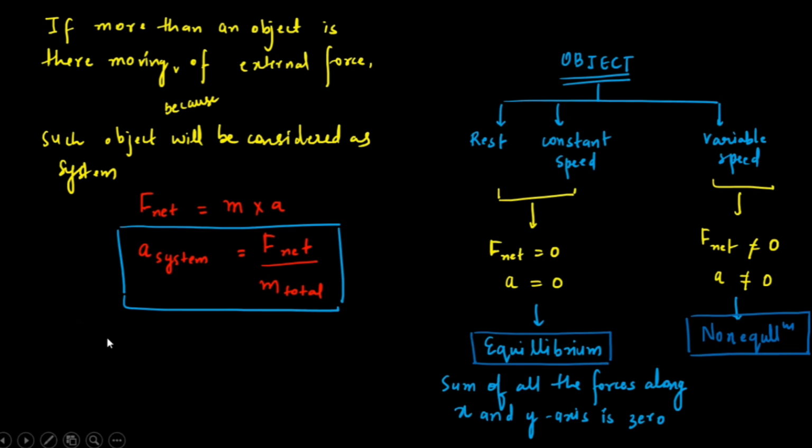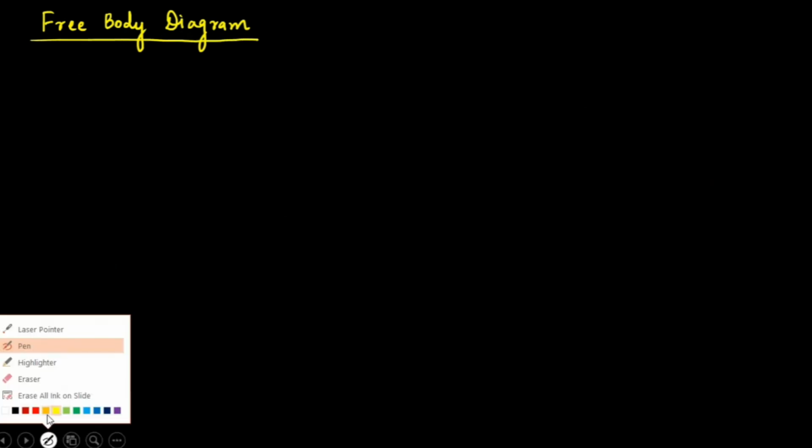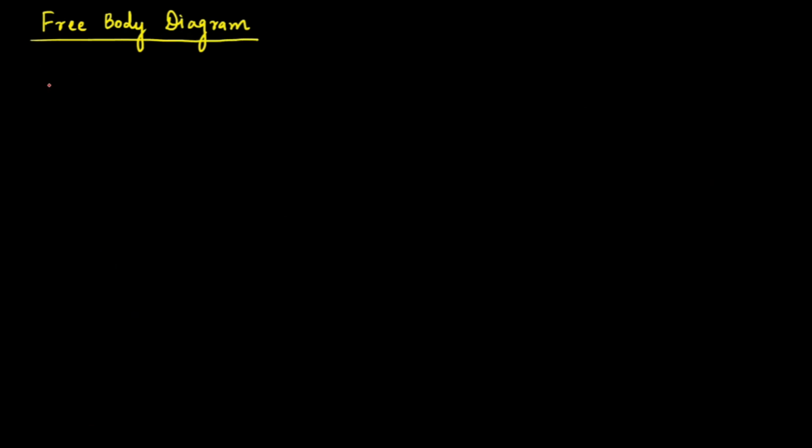In order to find the net force, we draw a very special diagram known as a free body diagram. What type of diagram is it? It is a diagram which helps us represent all the forces in the form of vectors, in their given or specified direction.